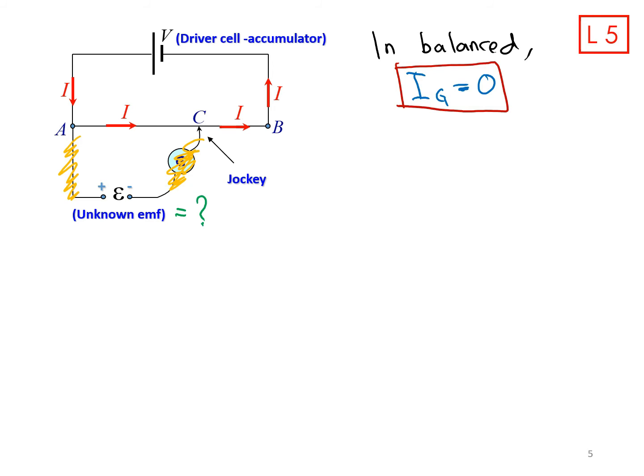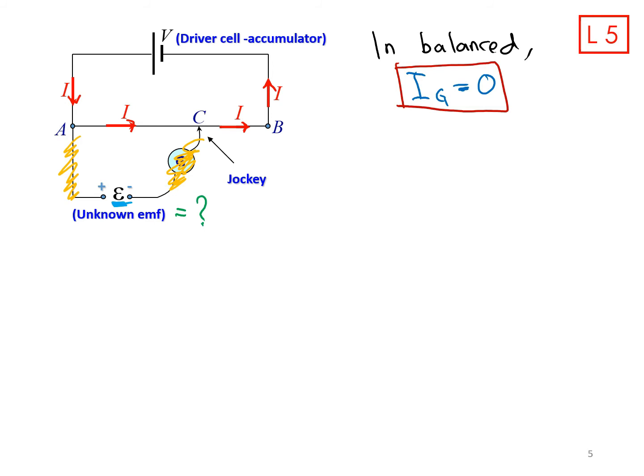We can know current just flows in the upper loop, so no current in the lower loop. So when no current across the galvanometer and that wire, this EMF is not functioning, because no current from that EMF.